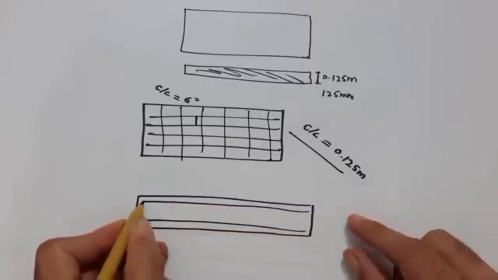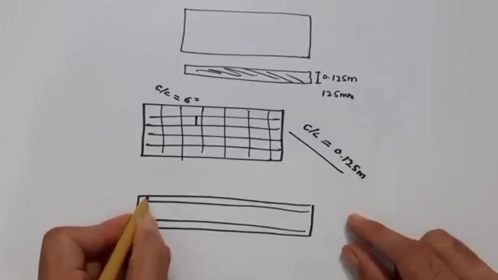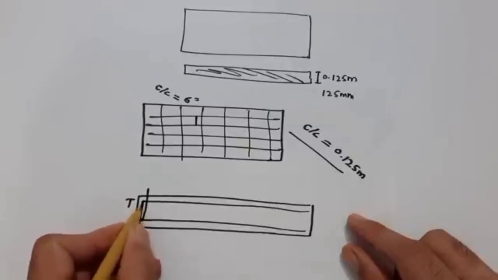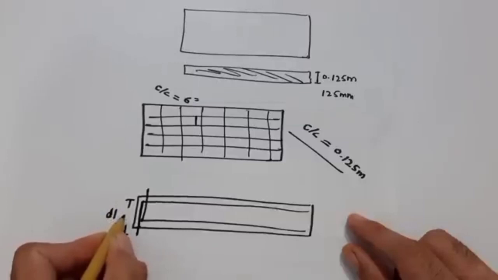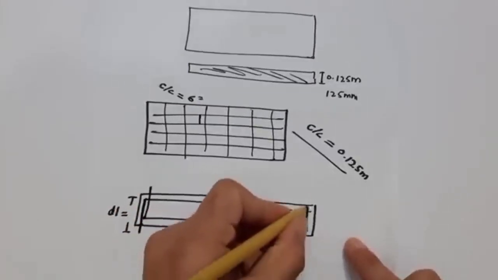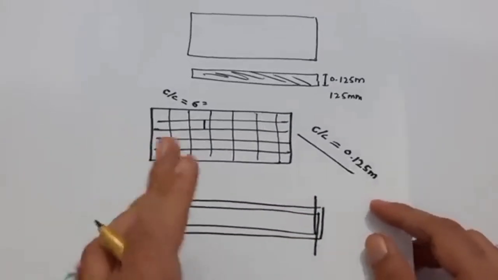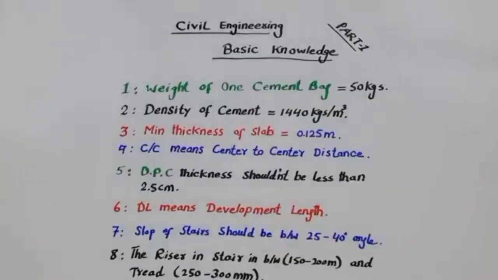This one steel is coming to the downside and this one is going to the upward side. So, guys, this length, from here to here, is called DL, means development length. This is called development length, which makes a good bond between steel and concrete. So at the end we are providing these.